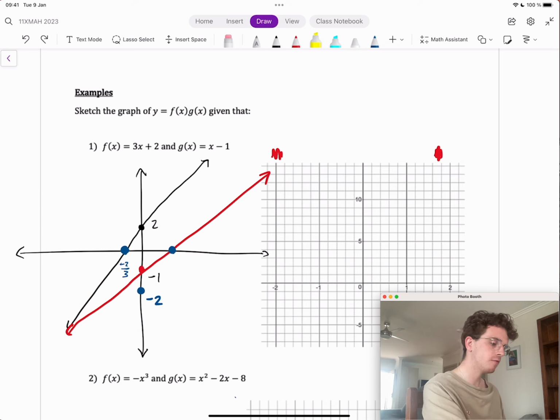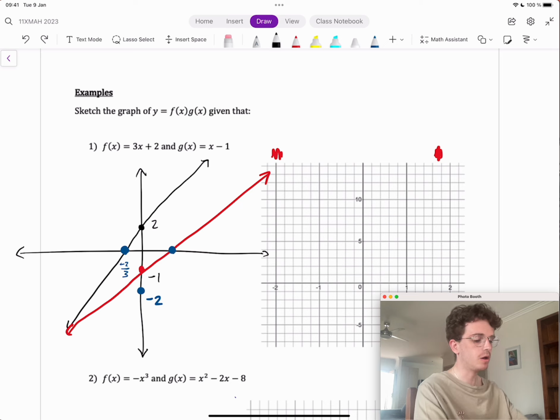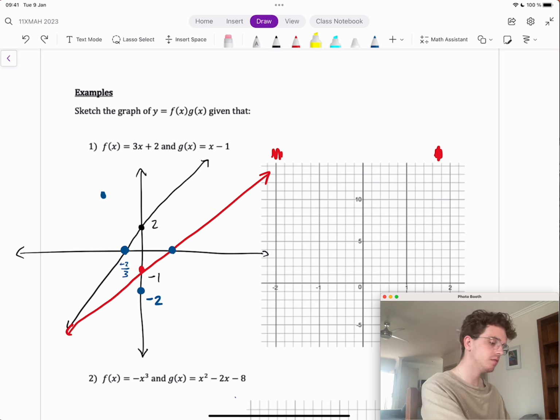So our graph is going to be up here when we're over behind -2/3. In this part of the graph, we've got 2 positives. So 2 positives make another positive, so we're going to be up here. So our graph's going to look something like this.